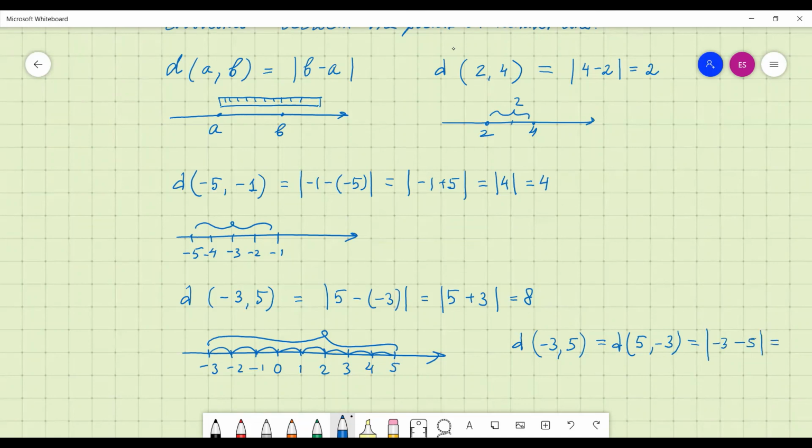And -3 minus 5 is -8, and the absolute value of -8 is just 8, the same number. So it does not matter, the distance between -3 and 5, or the distance between 5 and -3, the order of the numbers you subtract does not matter. The major thing is to remember that it's subtraction, and don't forget about the minuses in front of the numbers.